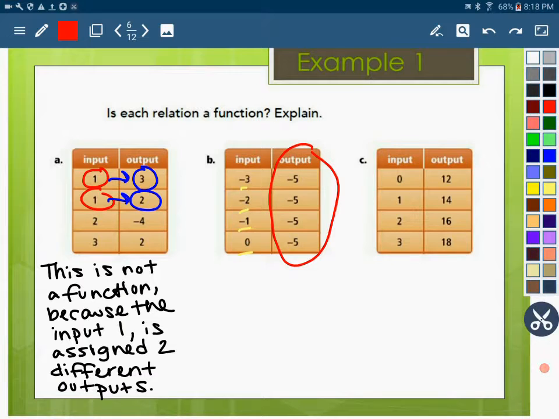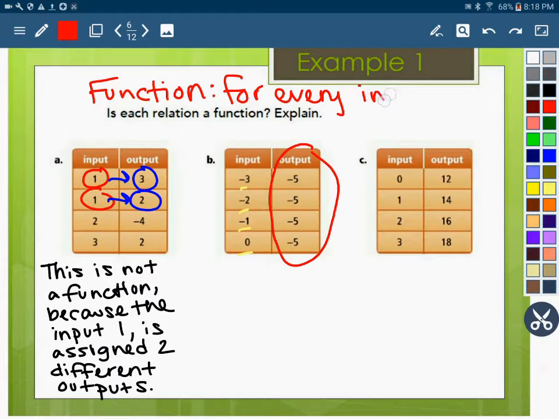You can have outputs repeating and it still be a function because by definition, and I'm going to write that at the top, function definition is for every input there is only one output.